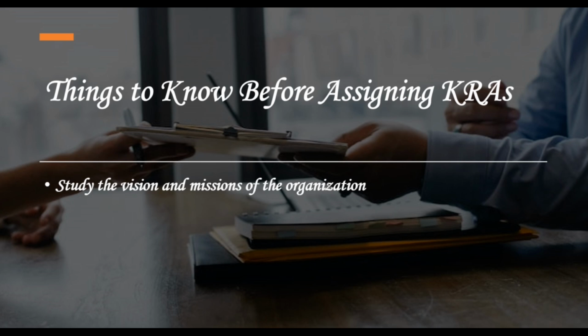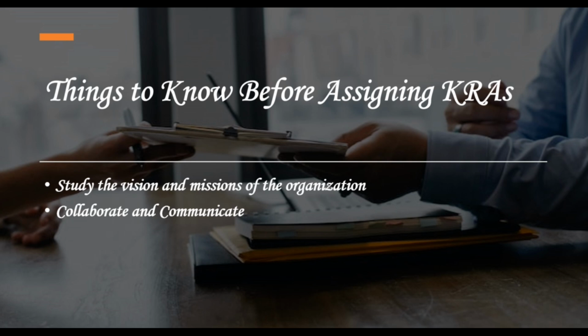Second, collaborate and communicate. Before deciding KRA for employees, the manager or supervisor should communicate with personnel and request their suggestions. Two-way communication will help in better understanding, strategizing and implementation of KRA. This could be the best way to delegate responsibilities as per the strengths and weaknesses of individuals.